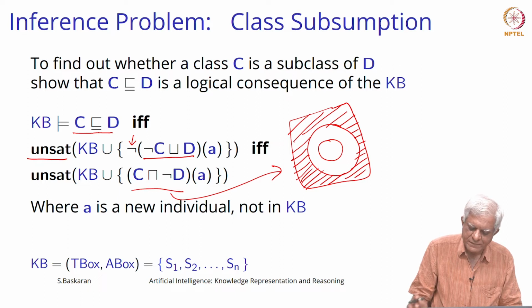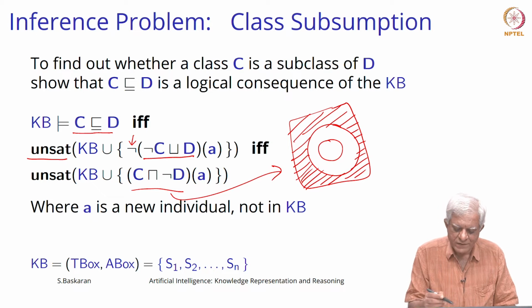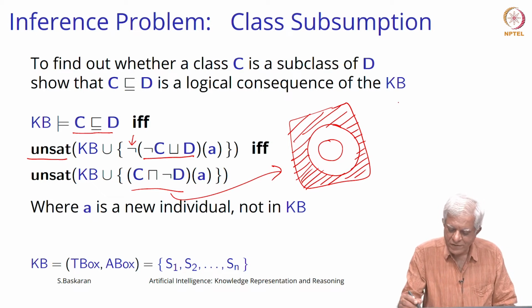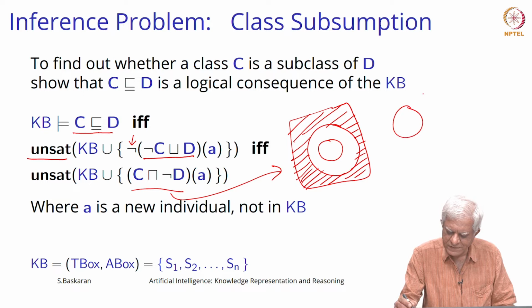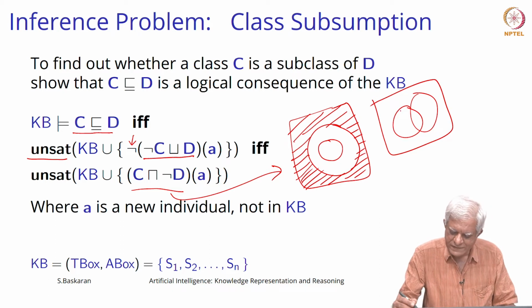Can we find something in this set? We cannot find an element here. On the other hand, as we said earlier, if this is this thing, then the negation of this thing was this set.